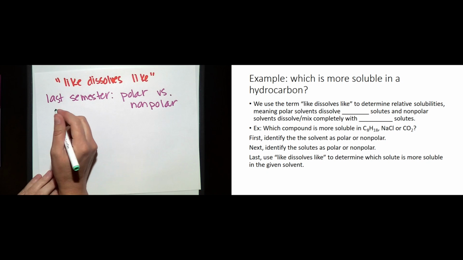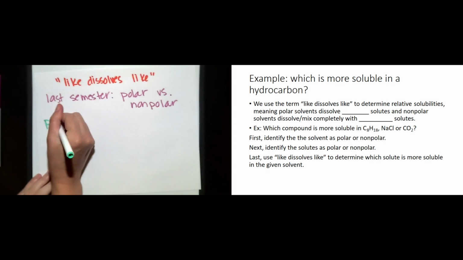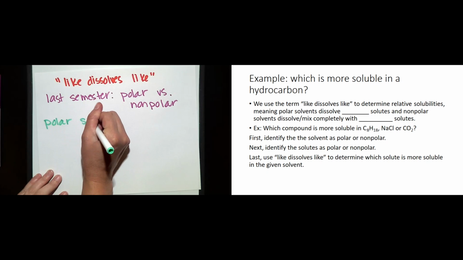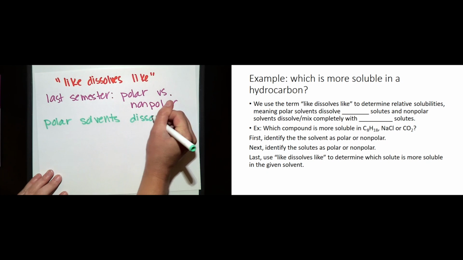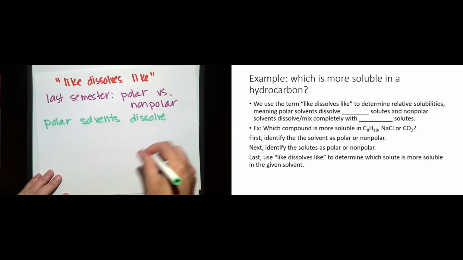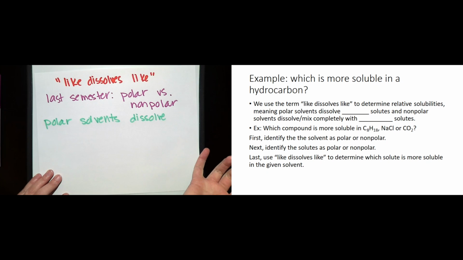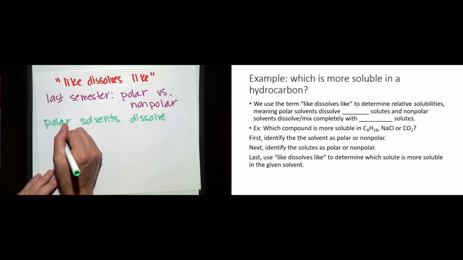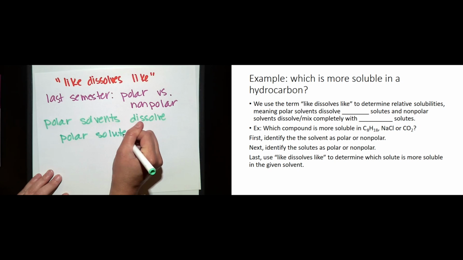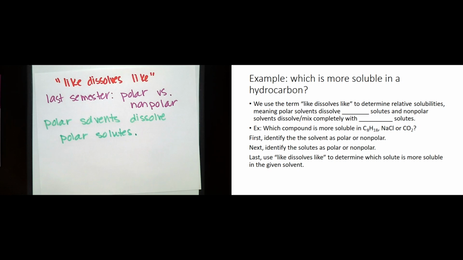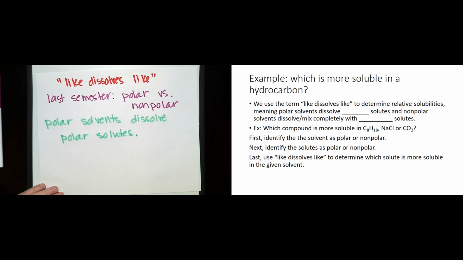All right, and so what we mean is polar solvents dissolve or blend or are soluble with or mix with. There are a couple of different synonyms here. Polar solutes. Okay, so that's one tenet or point of solubility, like dissolves like.